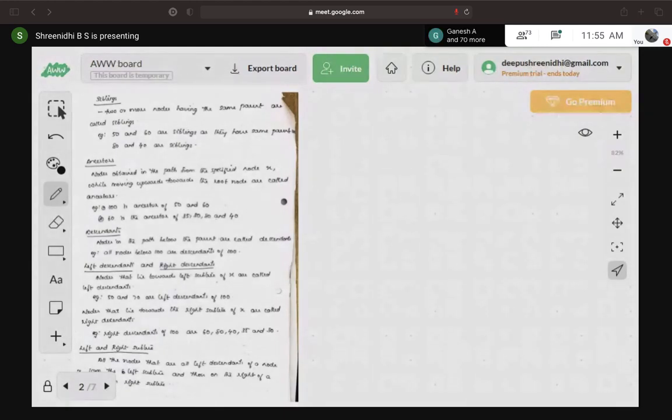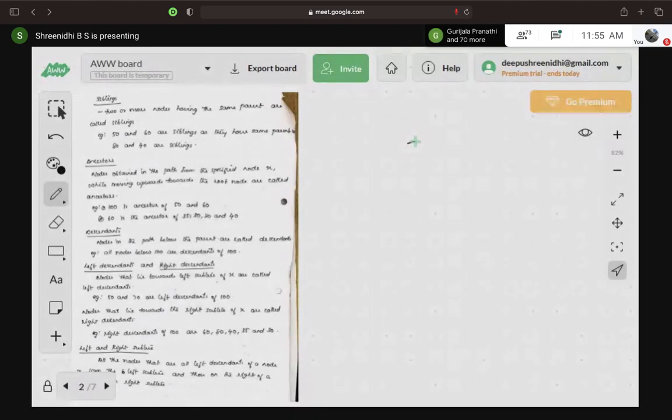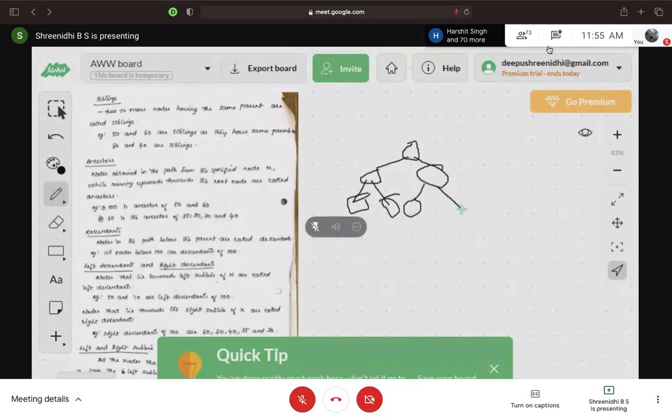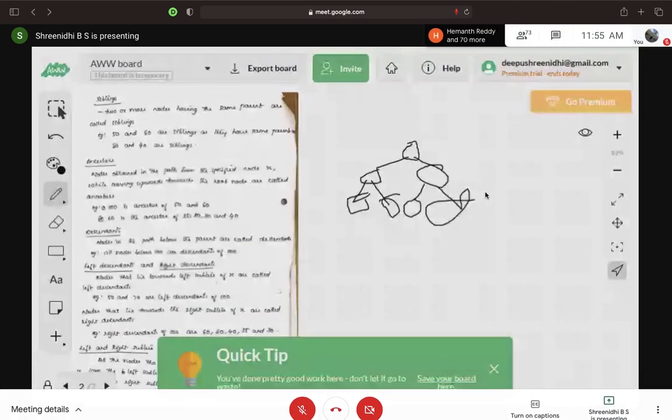Just let me draw one small tree. Right, this we consider as a tree.